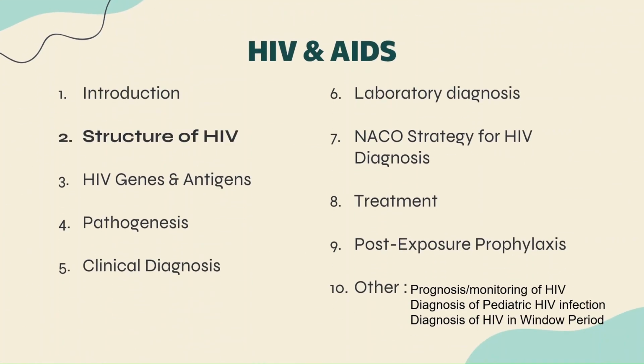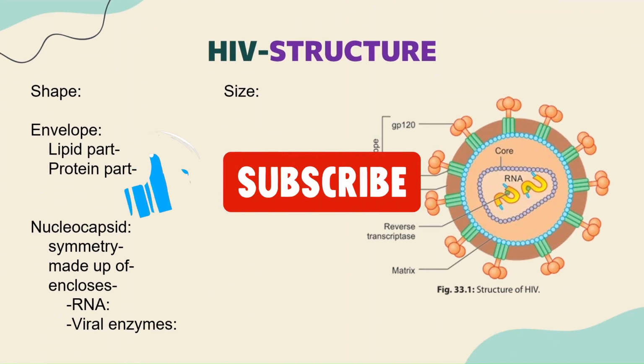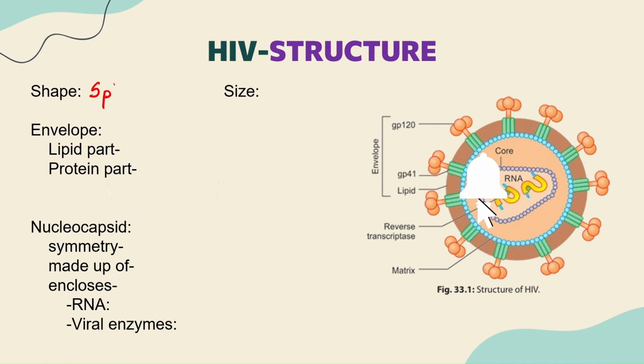Now let's have a look at the structure of HIV, guys. Structurally, just by looking at the image, it's very clear what the shape of the HIV virus is. It is spherical in shape. The size ranges from 80 to 110 nanometers, guys.